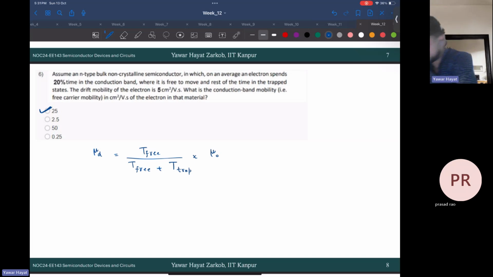And mu naught is your conduction band mobility, or we can say free carrier mobility. And T free is equal to 20%, which is 0.2 seconds.